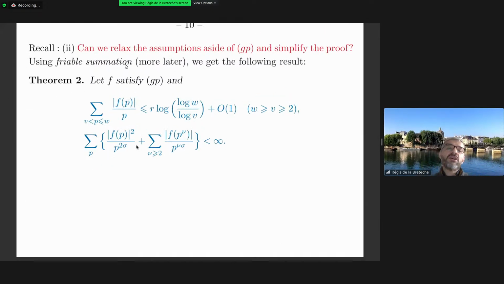But it's not really a strong hypothesis. I mean, in a lot of examples it is easily satisfied.